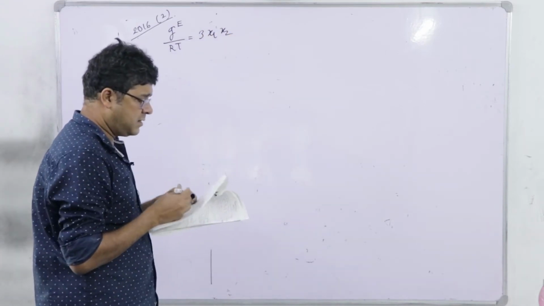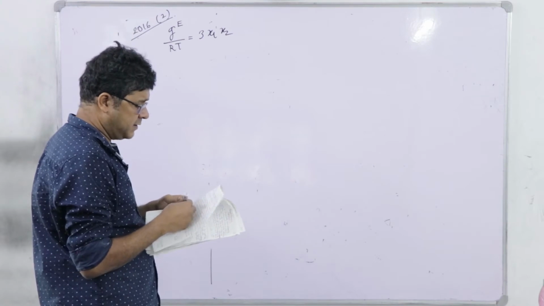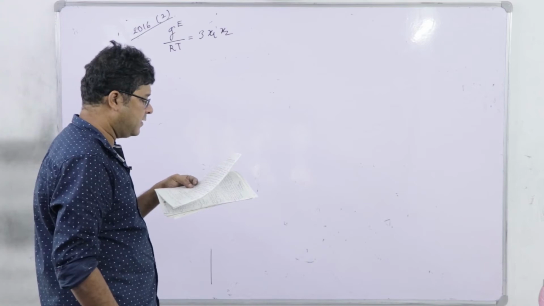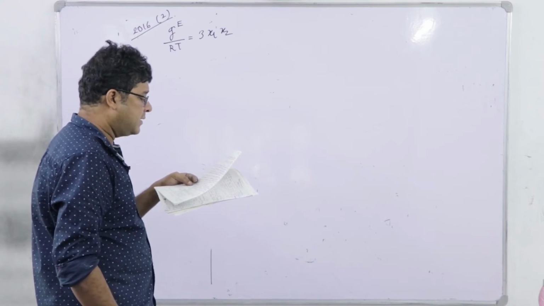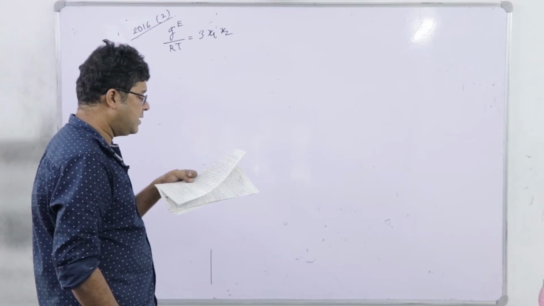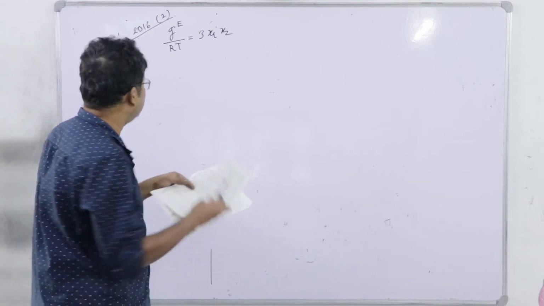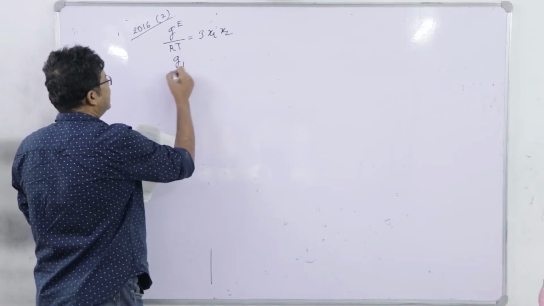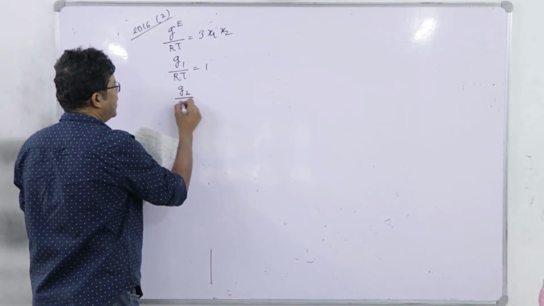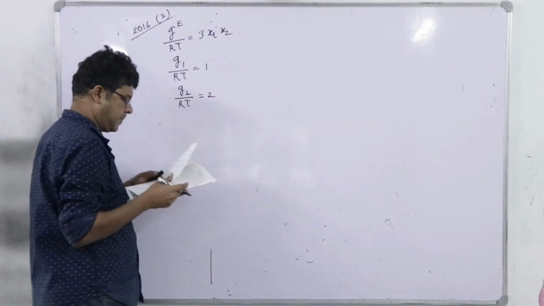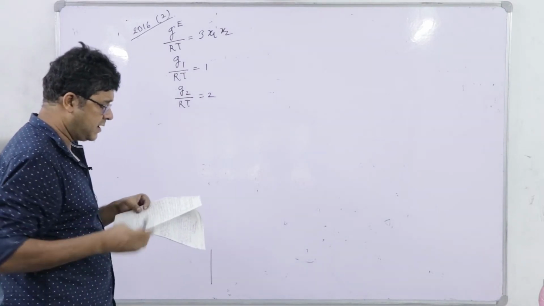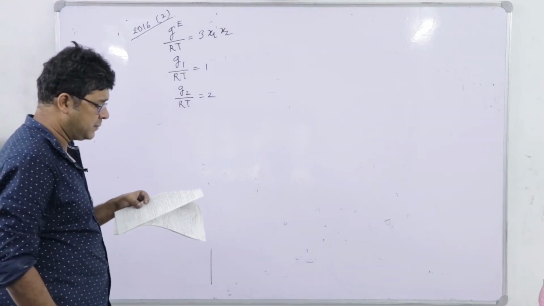Where g is the molar excess Gibbs free energy, T is the temperature, xi is the mole fraction of species i respectively. At temperature T, G1 by RT equal to 1 and G2 by RT equal to 2. Also given are the pure species values, G1 by RT equal to 1 and G2 by RT equal to 2, where G1, G2 are the molar Gibbs free energy of pure species 1 and 2 respectively.